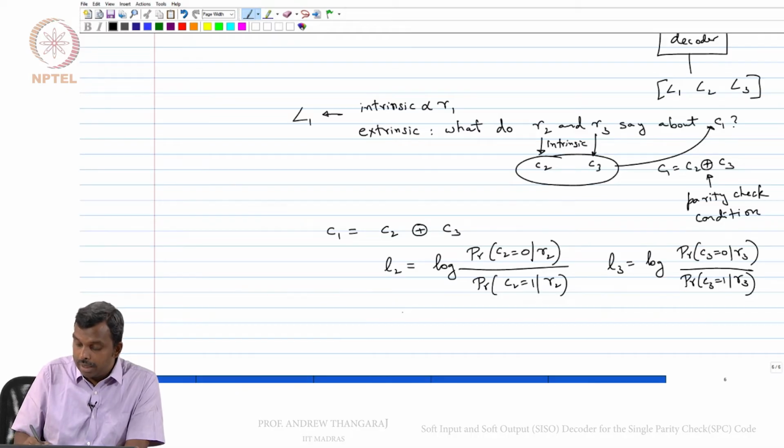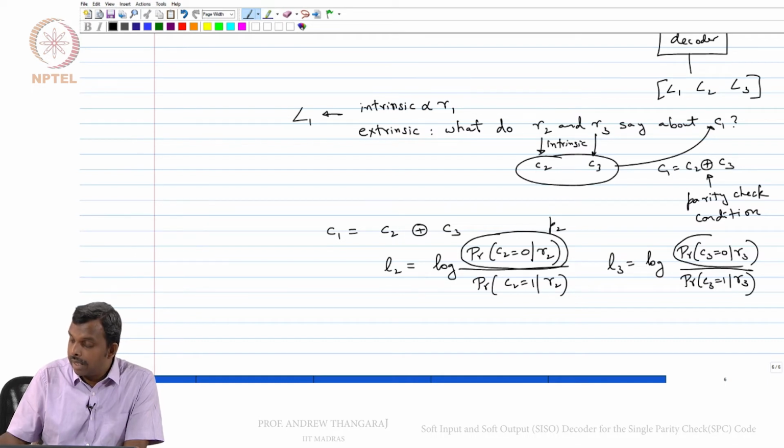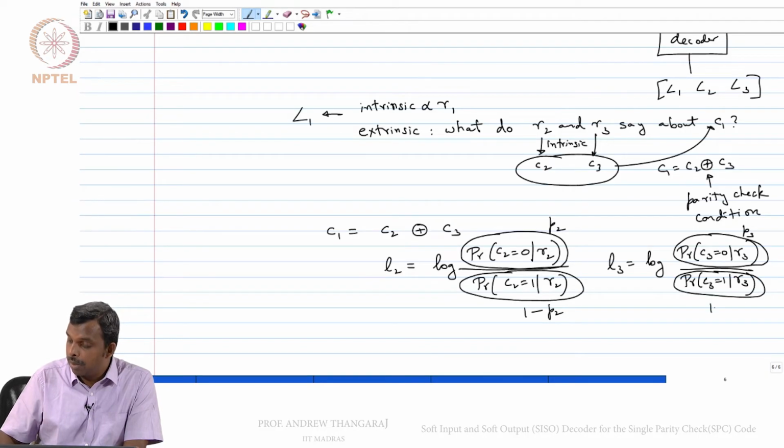From here one can go to this, so maybe I'll call this P2, and this P3, just for simplicity. Once I call that P2, the denominator is actually 1 minus P2, and likewise the denominator is 1 minus P3. This is just the probability of 0 or 1; both of them have to add together to give you 1.